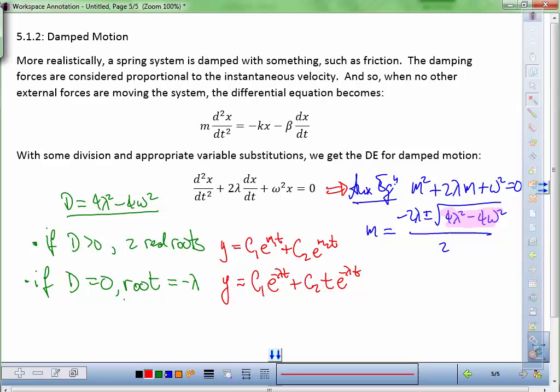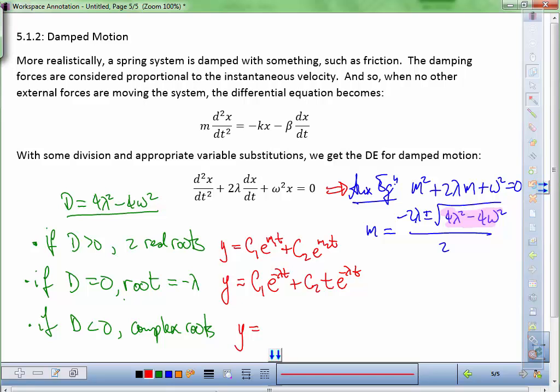So the third case, if D is less than 0, we have complex conjugates. And then we could probably try to figure out what the solutions are. It'll have something to do with lambda here.